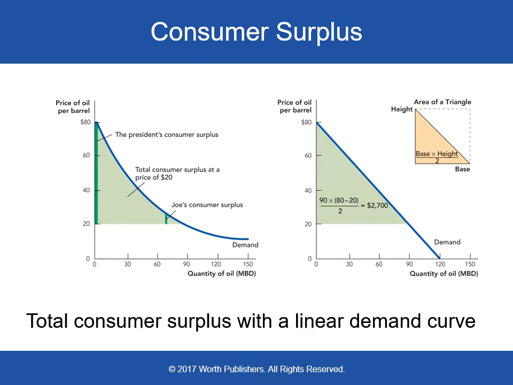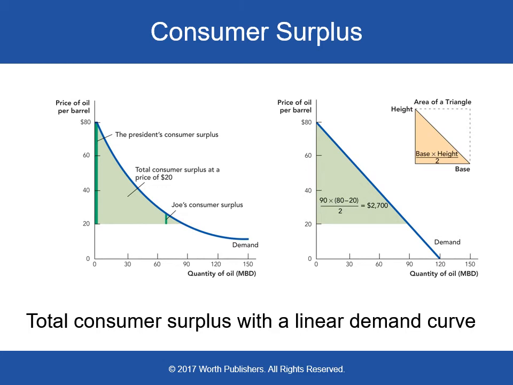And look at the diagram on the right. If we want to calculate total consumer surplus, the total gain for everyone in society by having a price of $20 per barrel, you do it by calculating the area of the triangle, which is half the base times height, or half of the height times the base, whichever way you do it. It turns out that number happens to be 2,700 because of the way we've drawn it. If you remember your geometry, for the height, you go the distance from 80 to 20.